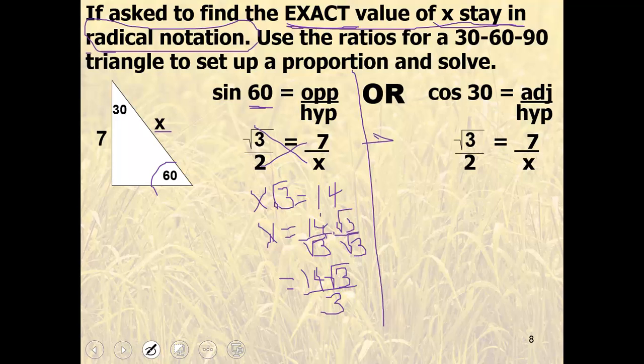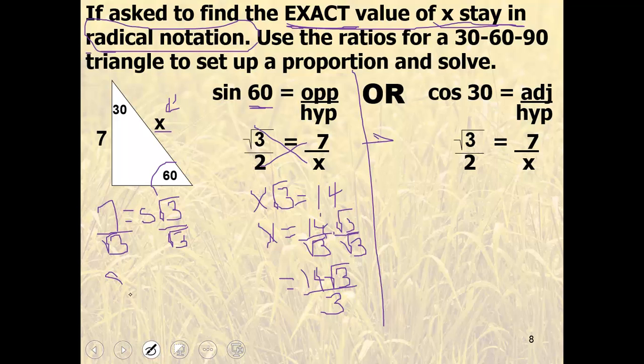If we had done this using the short leg, long leg technique, I know that my long leg, 7, has to equal some number. I'm not going to call it x because this is x here. I'll call it s for short leg, the short leg times the square root of 3, right? So if I have to find my s, I get the square root of 3 over the square root of 3, right?